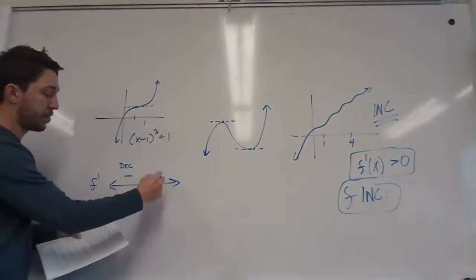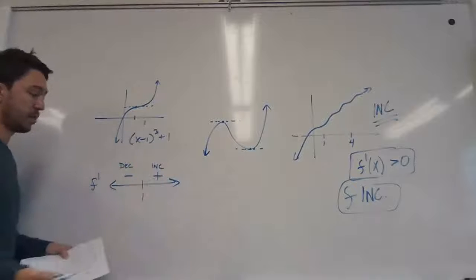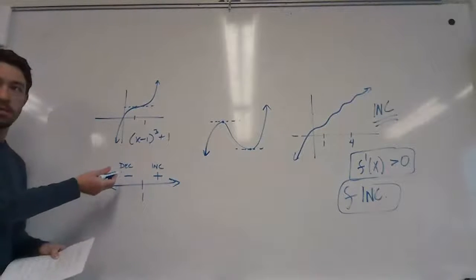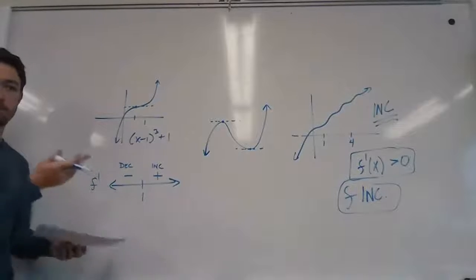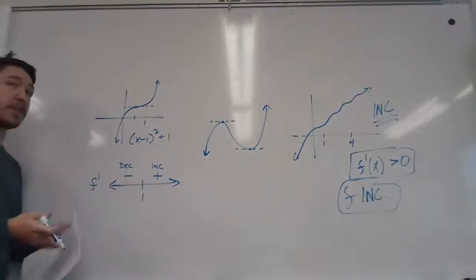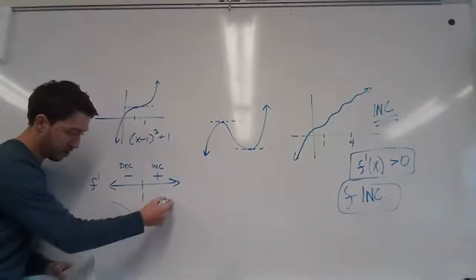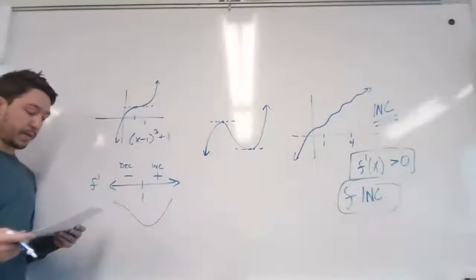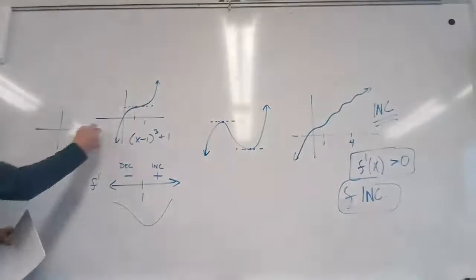And to the right of 1, I have a positive derivative, so I'm increasing. Does everyone understand how I translated the sentence into a picture? Now, here's the question. Does that usually tell us, let's say we knew the function was continuous, that there would be a local min there? But there's a simple counterexample to this.